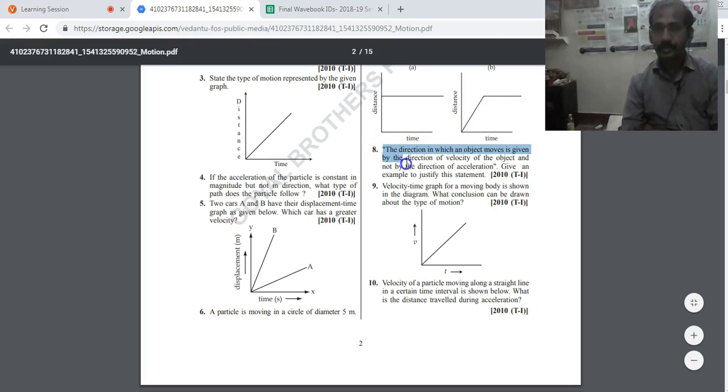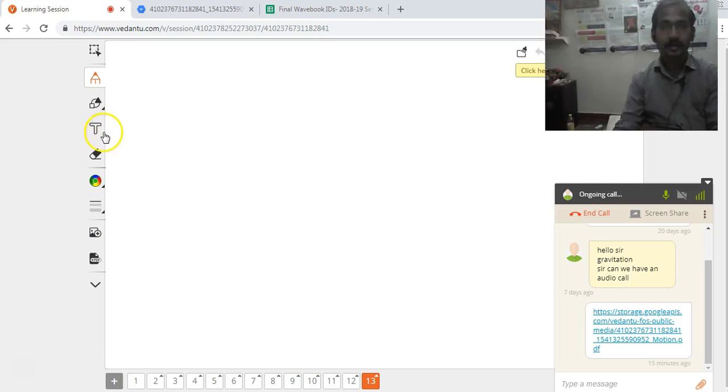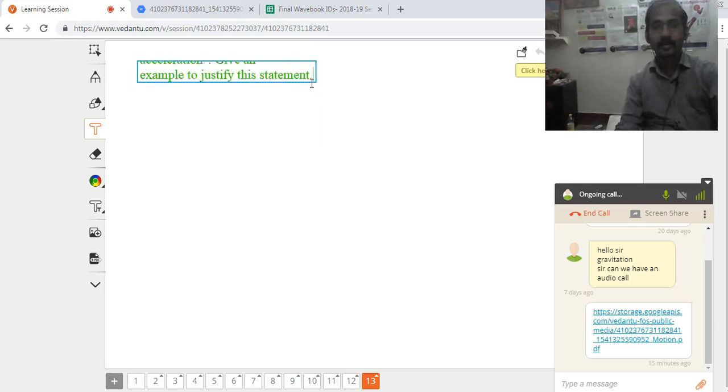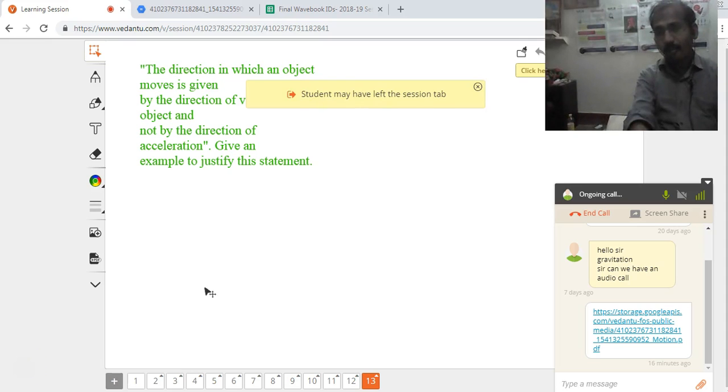Eighth question. The direction in which an object moves is given by the direction of velocity of the object and not by the direction of acceleration. Give an example to justify this statement. What is the direction of velocity and direction of acceleration?